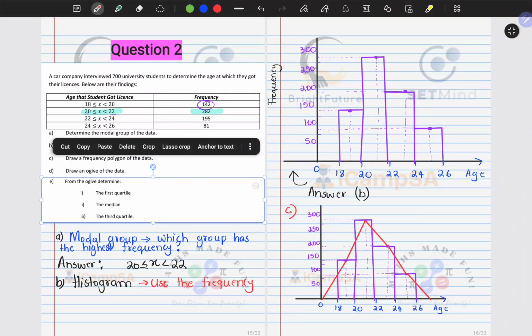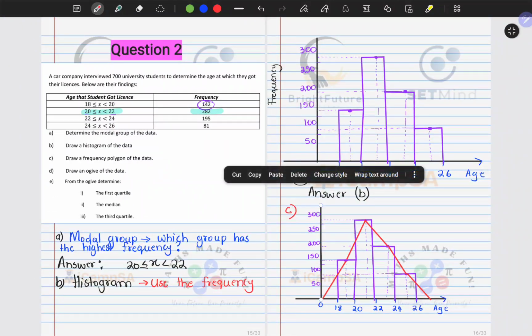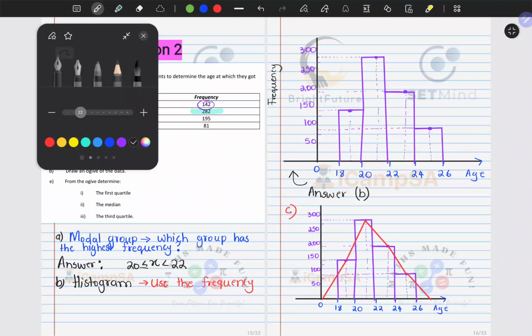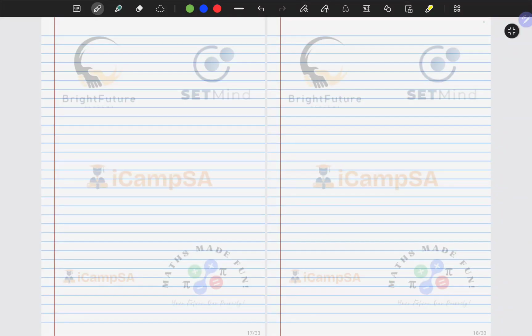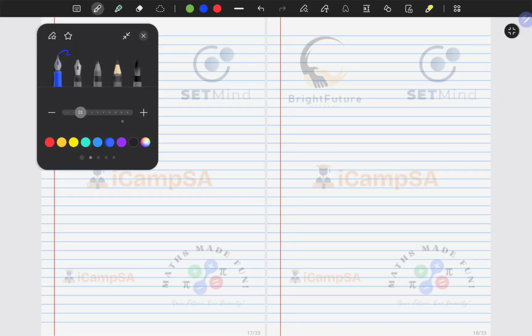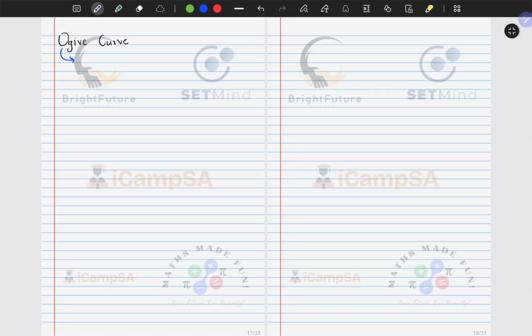So now for D, we are required to go and draw the Ogive curve, or others would say the Ogive curve. So let's create some space. So let's go ahead, our space is up, and draw the Ogive curve. And remember that for the Ogive curve, what we need is cumulative frequency.